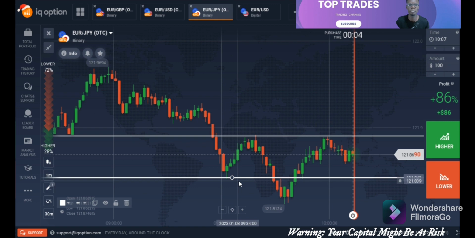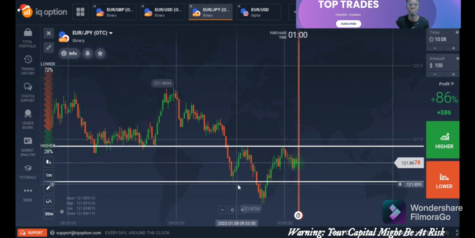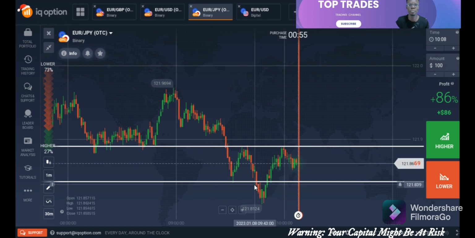This is a support trend line, a horizontal line. The reason I'm drawing this line is because of this area. This is where the market has reversed in the previous times. So if this market is going to continue in the downtrend, it has to break this level over here.